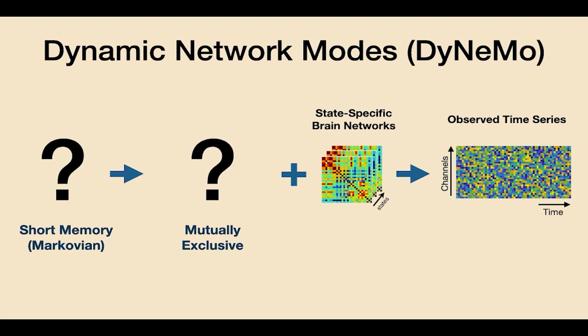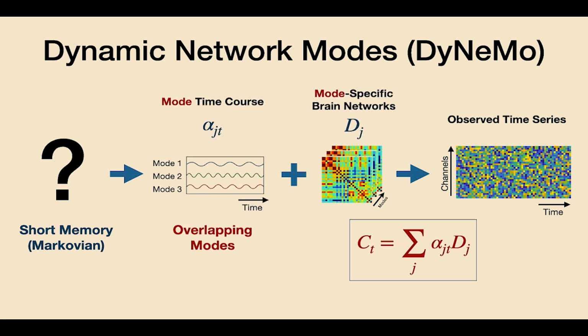So how can a new model challenge these limitations? This model is called dynamic network modes. What you do is you model the data as a linear mixture of modes, while the mixing equation is on the bottom. So this instantaneous covariance C_t is a linear sum of these mode covariances. And the mixing coefficients are positive and sum to 1.